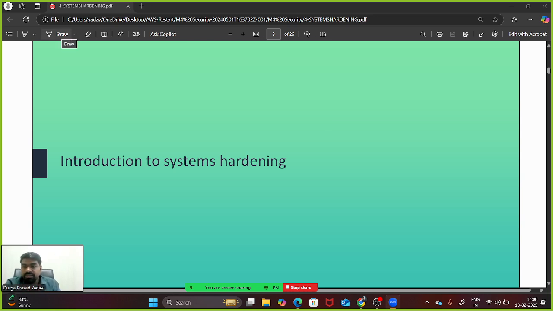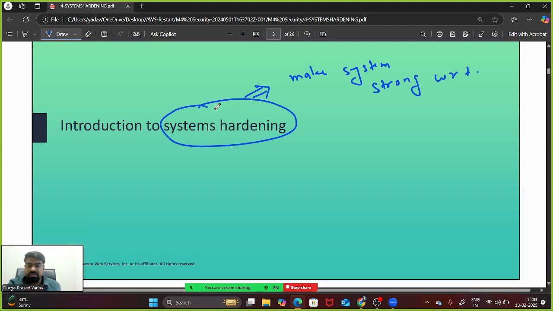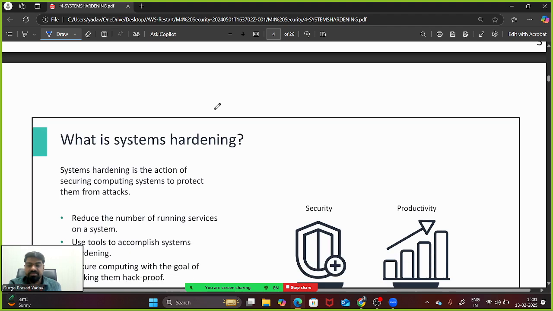So when we talk about system hardening, it is a method or a practice to make your system strong with respect to security, so that nobody can break the security and enter into the system to hack or compromise it.